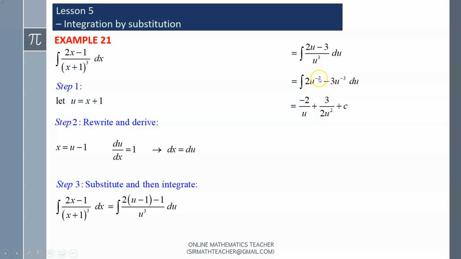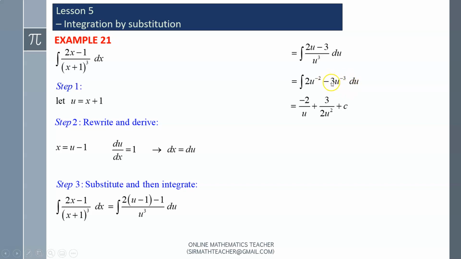So add 1 to this, it becomes negative 1, so you're going to divide by negative 1. And also u to the negative 1 becomes u in the denominator, a positive index. If you add 1 to negative 3, you get negative 2, so divide by negative 2.